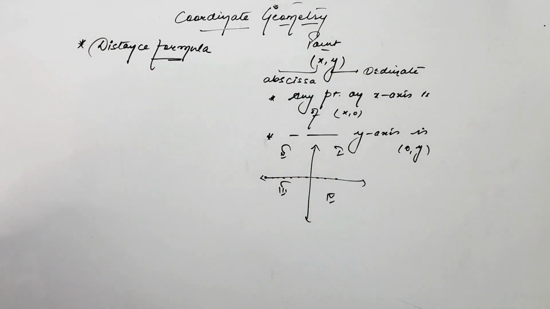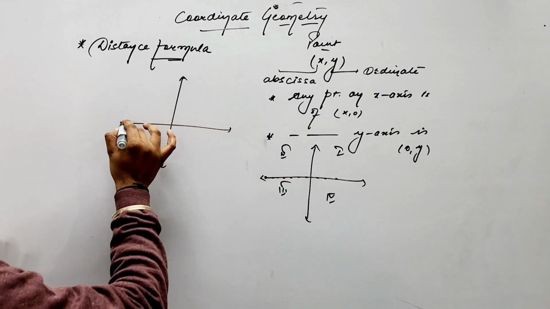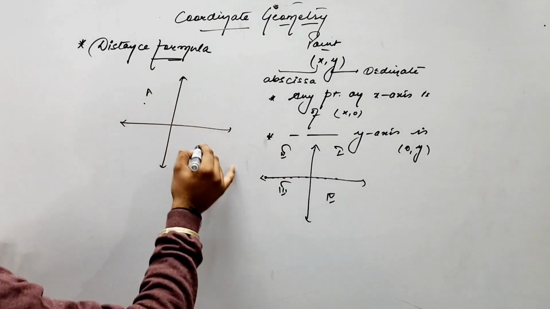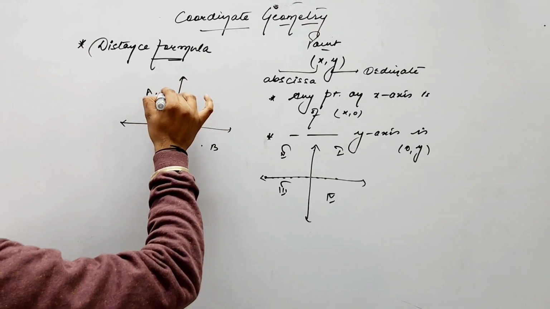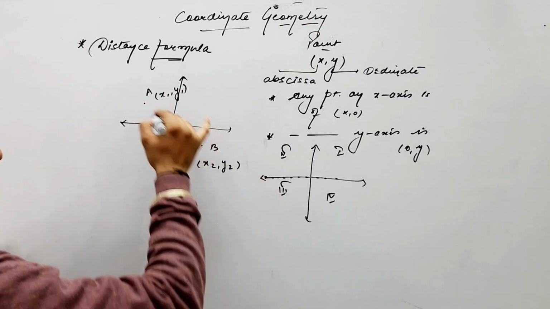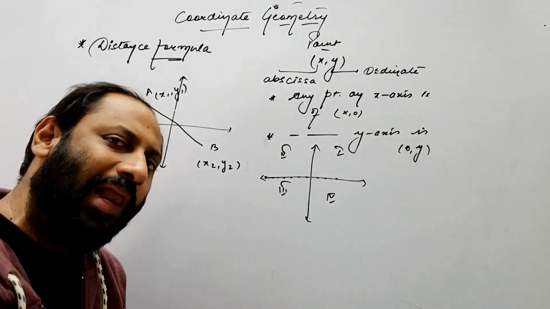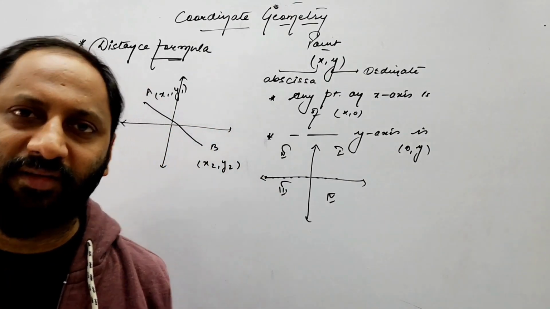Now what is the distance formula? When 2 points are given on the coordinate axis, suppose I am taking one here or anywhere. This is the first point (x1, y1). This is the second point (x2, y2). Now the distance between A and B, or the length of the line segment AB, is the same thing.